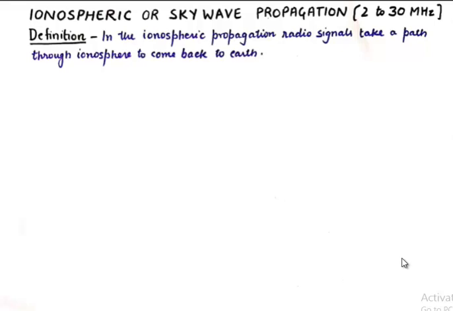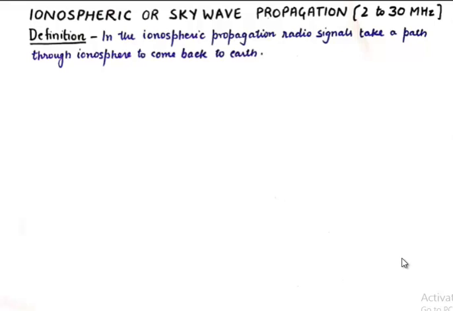So if we were to define what is ionospheric propagation, we can define it as the propagation of radio signals where we send the signal through the ionosphere and it comes back to the earth after reflection, and that reflection occurs because of subsequent refractions, and we'll talk about that in a minute.